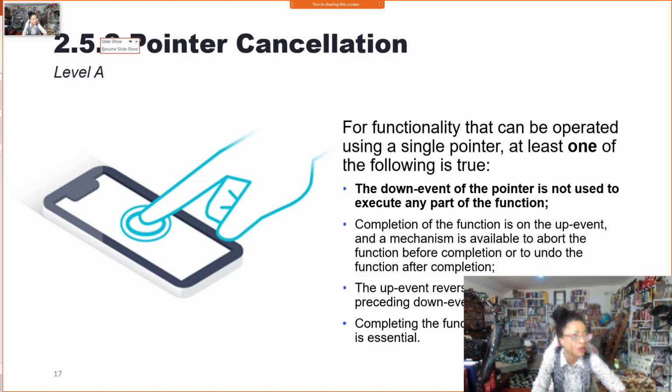So the down event of the pointer should not be used to execute any part of the function. Okay, so the up event reverses any outcome of the preceding down event. Completing the function on the down event is what's important.